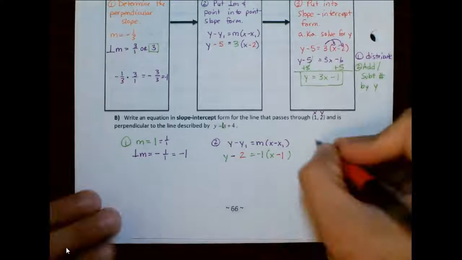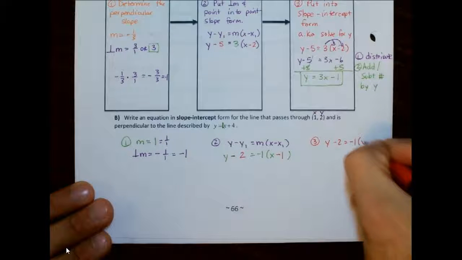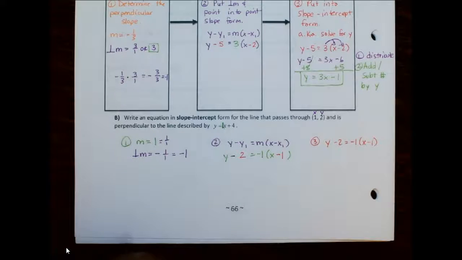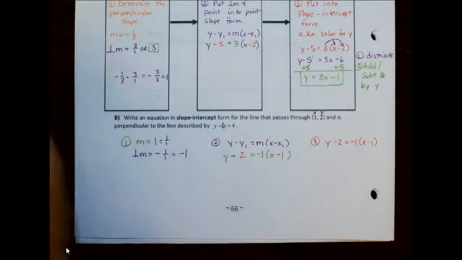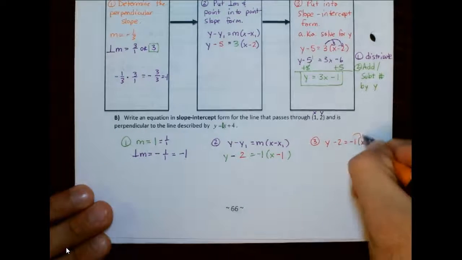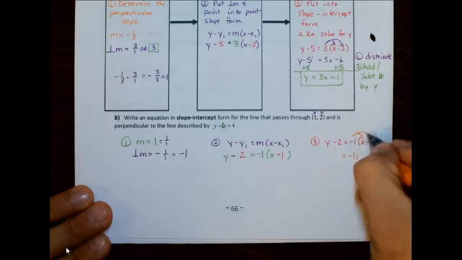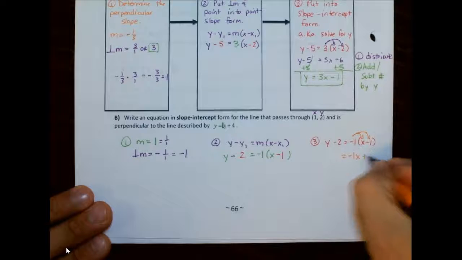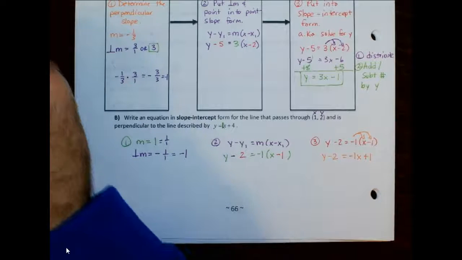Step 3. Take this equation and put it into slope-intercept form, which means that we're solving for y. So the first thing we want to do is distribute. Negative 1 times x is negative 1x. Negative 1 times negative 1 is positive 1. And I still have y minus 2 out front.